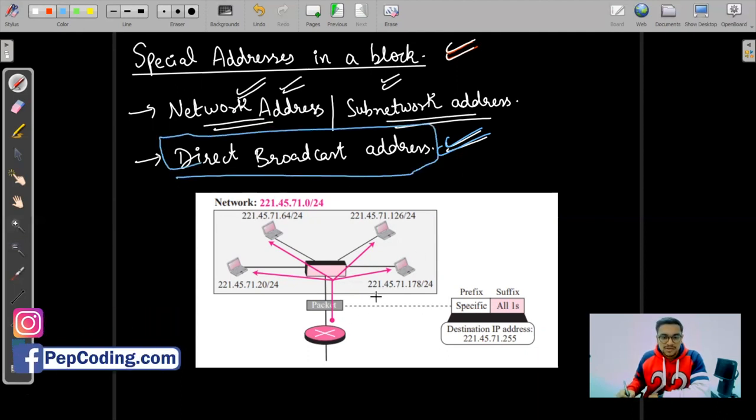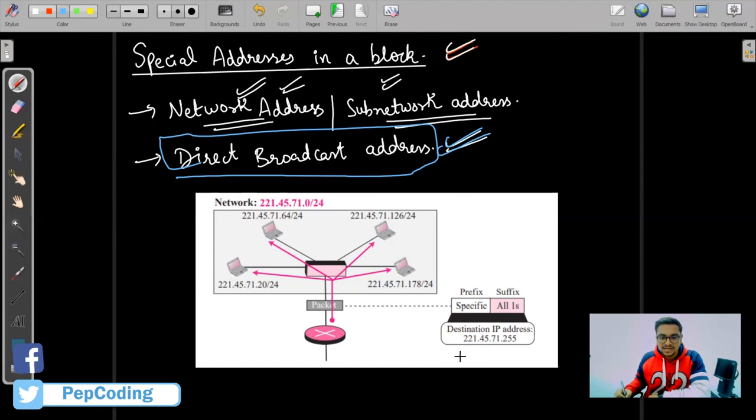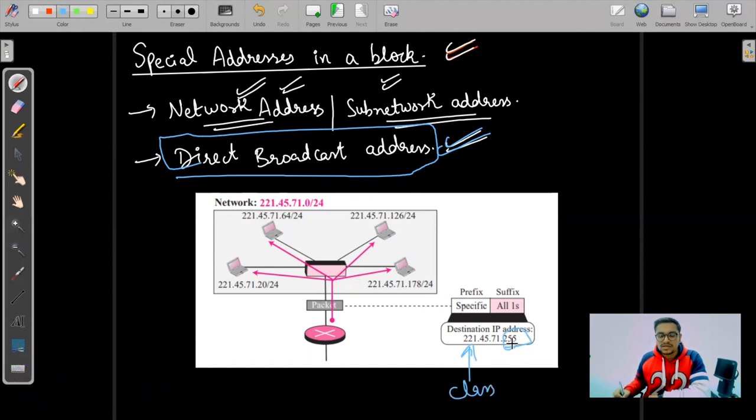As you can see in this picture, this is a class C IP, and in class C the last byte is used for the host address. The first three bytes identify the network, and in the last byte we have 255 as the destination IP, which is the last address for this particular network, 221.45.71.